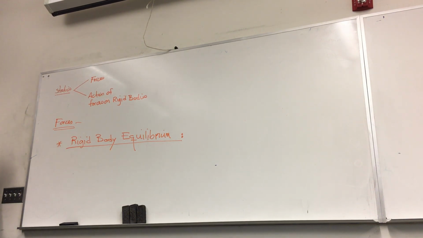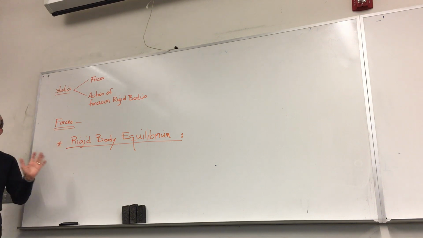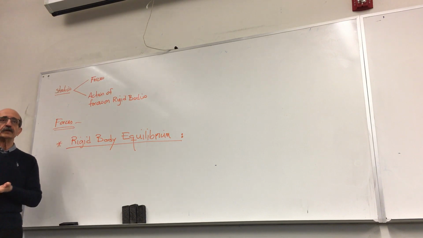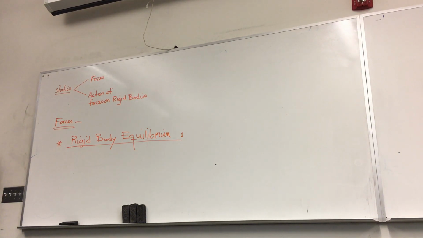And everything that I said we wanted to know about rigid body equilibrium, or the entire course of statics, we've already learned, those basic concepts of forces and moments and equilibrium, okay? So what is the objective of the rest of the course?